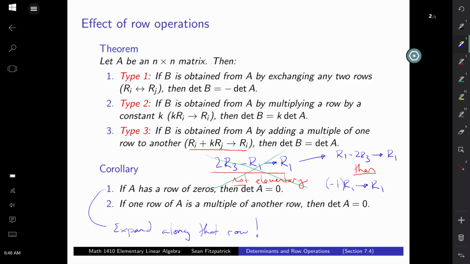So if you expand along a row of zeros, obviously the determinant is 0. But also, if one row of your matrix is a multiple of the other, the determinant has to be 0, because you could use a type 3 row operation to create a row of zeros and then expand along that row. And so then again, the determinant would be 0.